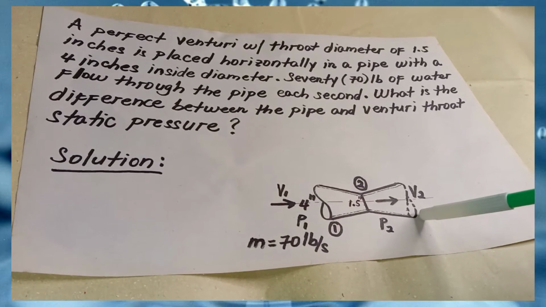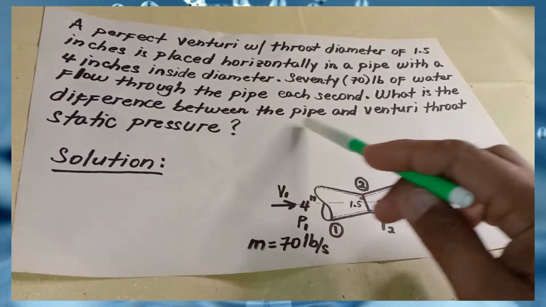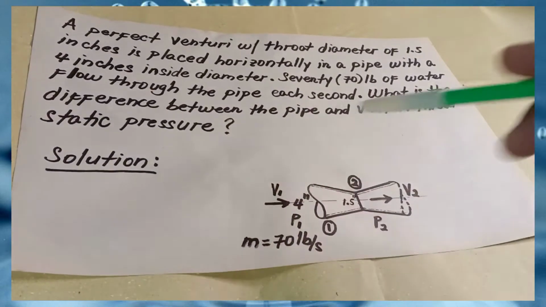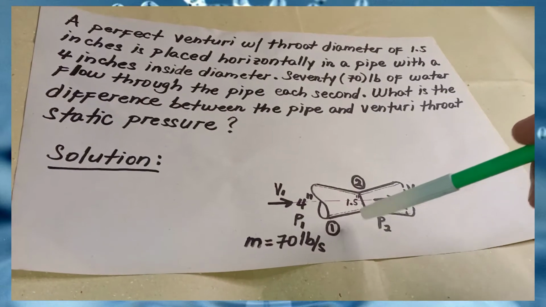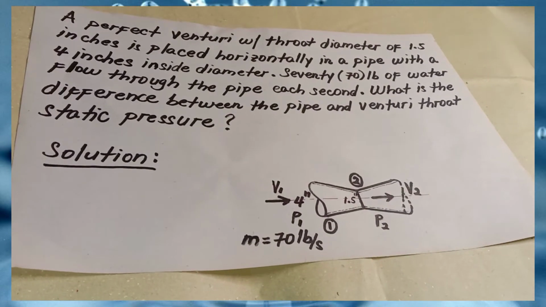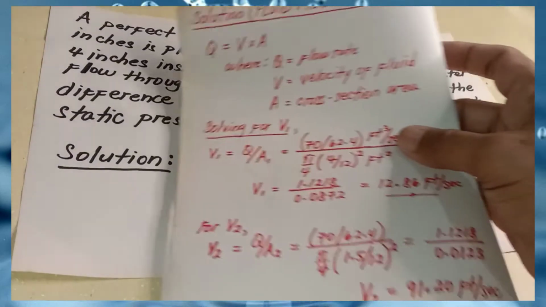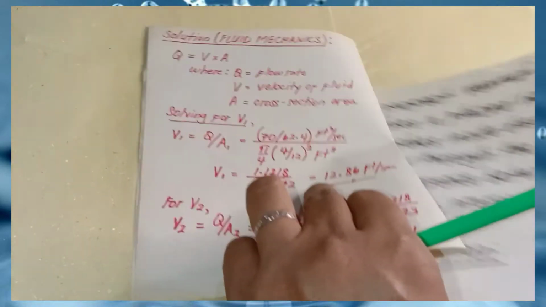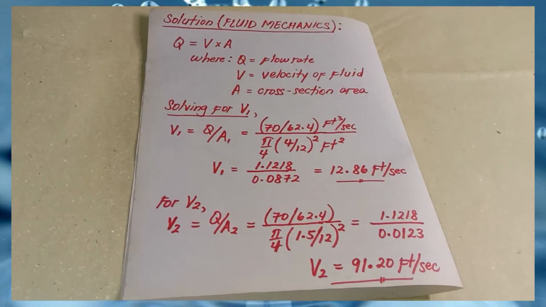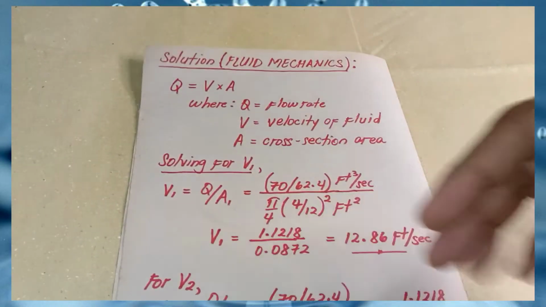Now what is asked in this problem is the difference between the pipe and Venturi throat static pressure. So to solve this problem, I will show you the solution on how to solve it.